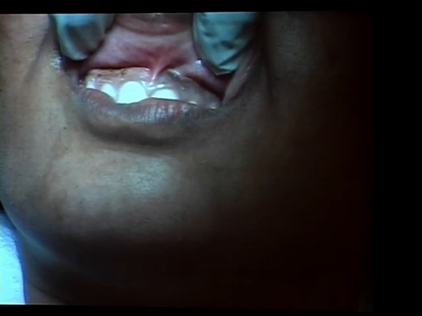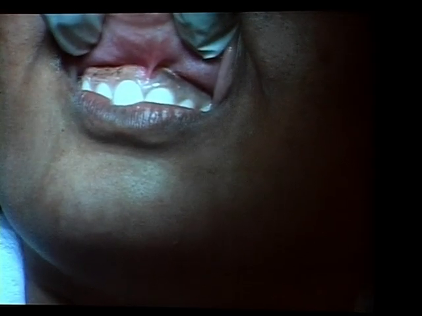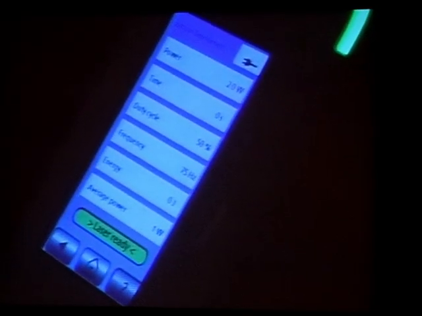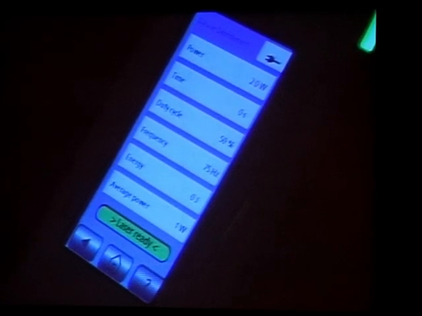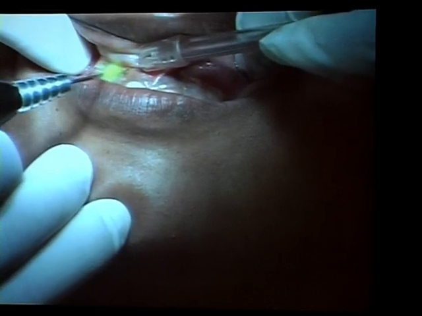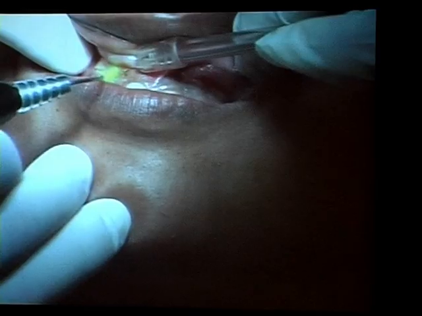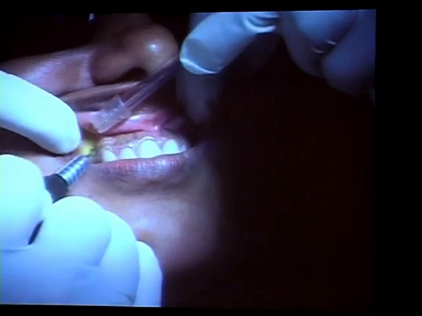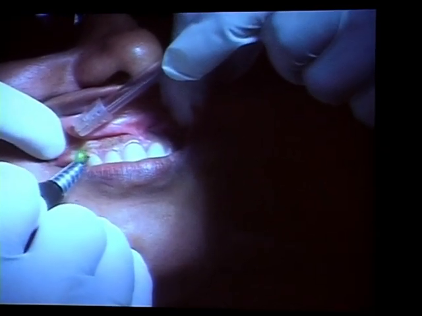You can already see it's beautiful. He was using very, very low power settings, and even with that, the patient won't feel anything at all, except maybe a little bit of heat. So now we're using 1 watt average power. This is in contact mode.